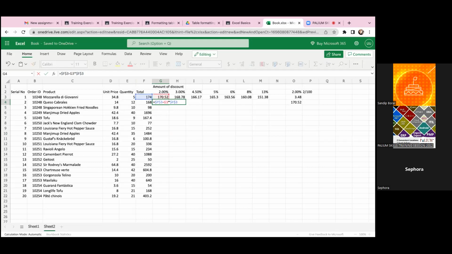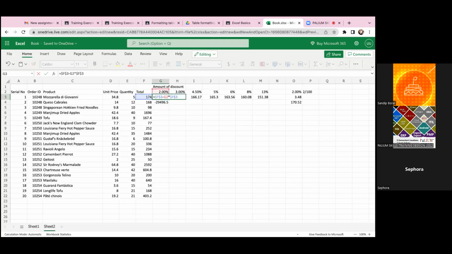What it has also done is it has remained fixed at 174. It should have moved to 168. So that is also incorrect. So when we dragged it, this 174, that reference, click on 170.52.